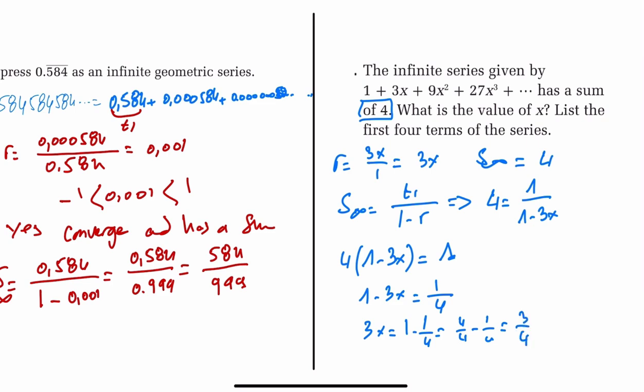And I will divide again by 3 because I have 3 here. So I will divide both sides by 3, which will give me x is equal to 3 over 3 times 4, which is 1 over 4. So I just found my x.